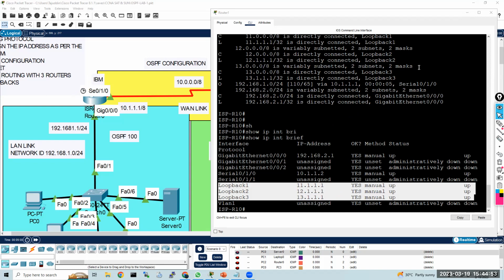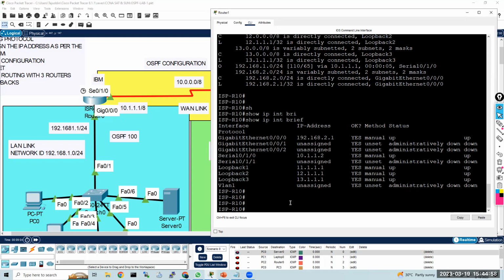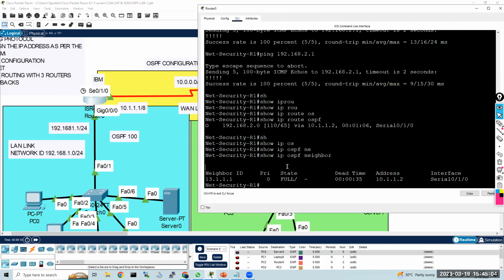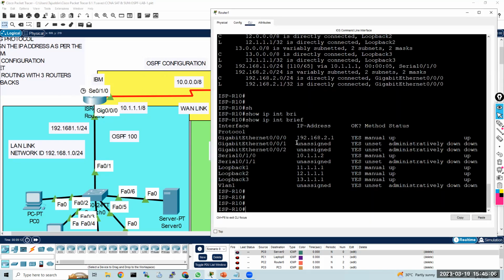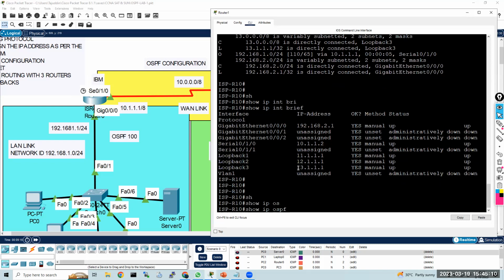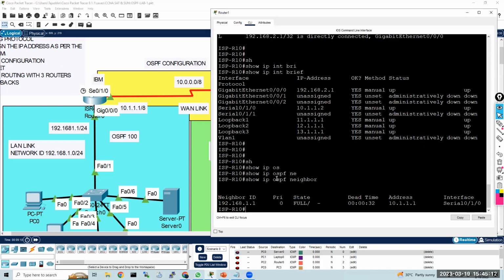So let's check how to change this, guys. Let's say I want to make the IBM router the DR. How can I do that? If I check from this side, show ip ospf neighbor, he's showing 192.168.1.1.